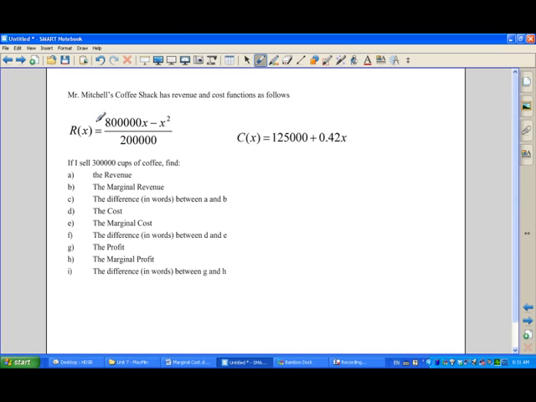We want to use this information to find these items. So for part A, if we're looking for the revenue when we sell 300,000 cups of coffee, that's as simple as subbing in 300,000 for X.